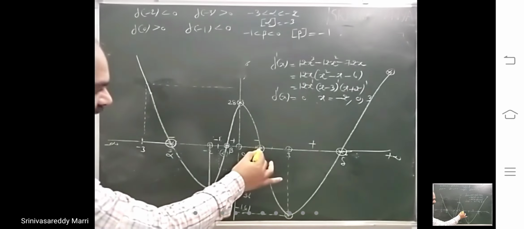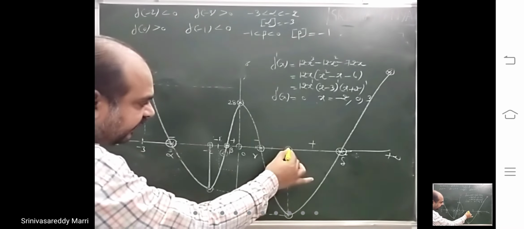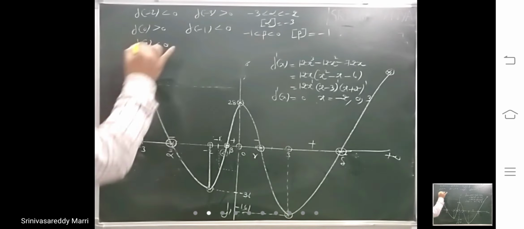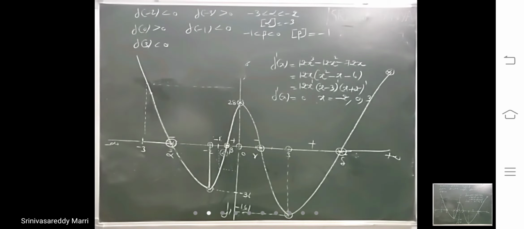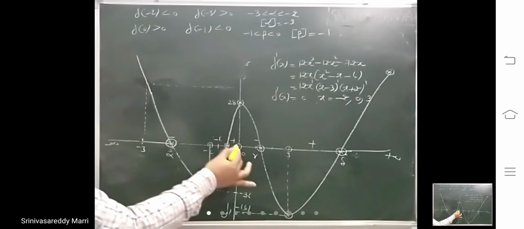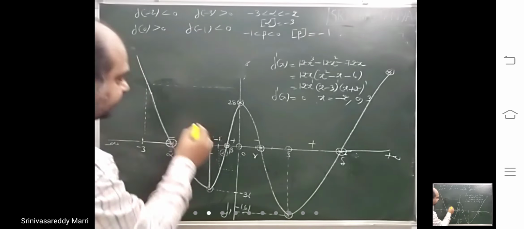Next, gamma. f of 3 is already negative, as you know. f of 0 is positive, so between 0 and 3 the root is gamma.